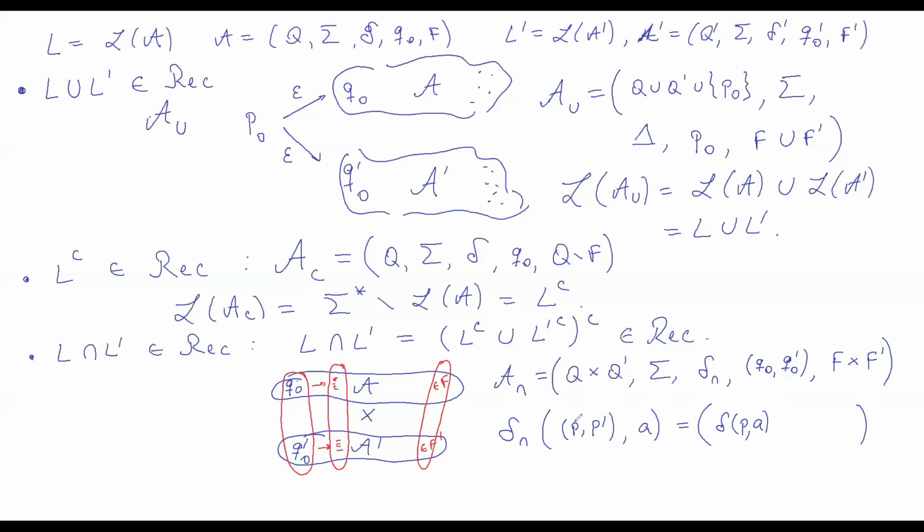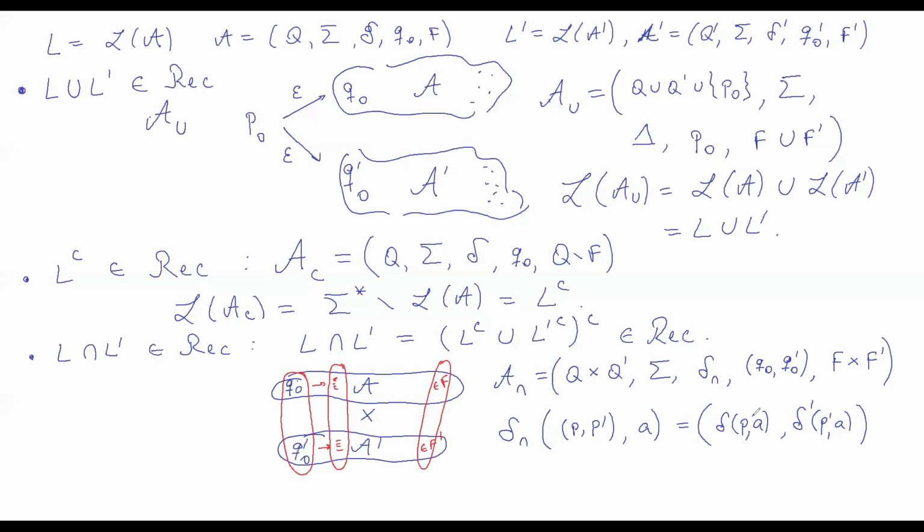You apply on state P the transition A with delta. And on the second component, you do the same computation in automaton A prime. So this is going to be delta prime applied to this state, P prime, with letter A. So that's going to give you the two parallel computations you need.